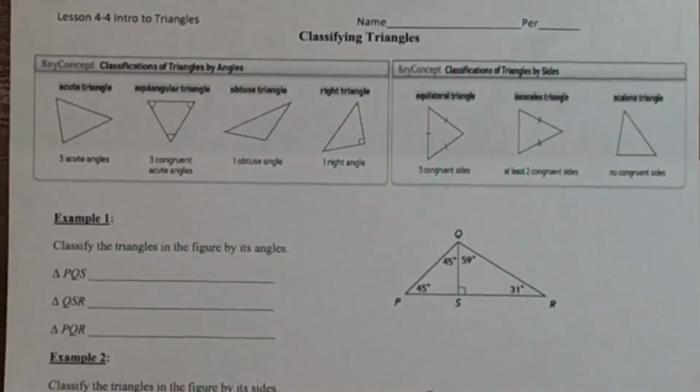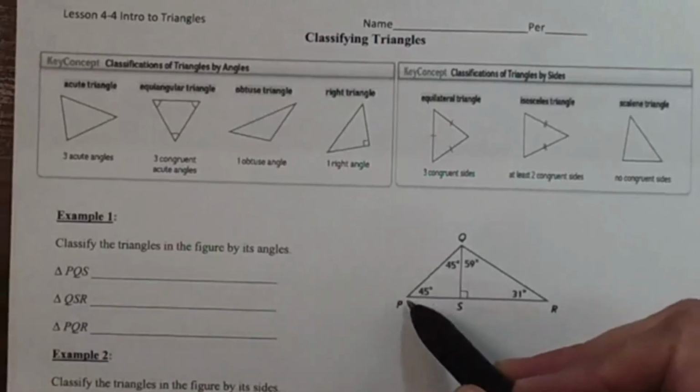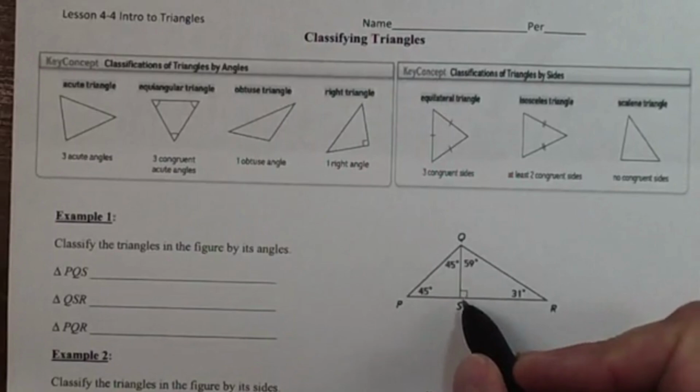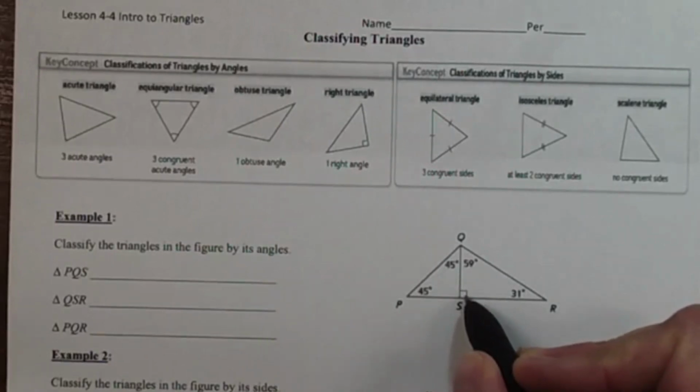So, as we jump into this, the first thing we have to do is classify the triangle by its angles. Here we have triangles named by their vertices, triangle PQS. If we notice, on the other triangle we have a right angle.